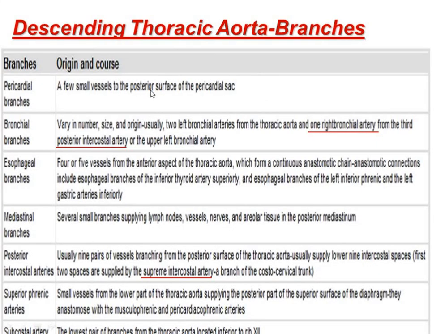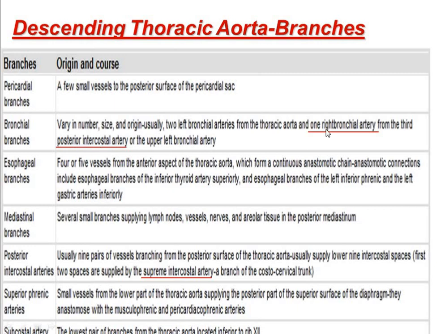The pericardial branches will enter the posterior aspect of the pericardial sac and will supply the pericardium. Two left bronchial arteries come from the thoracic aorta. As far as the right bronchial artery is concerned, that is one only, and this is given from the third posterior intercostal artery or from the left upper bronchial artery.